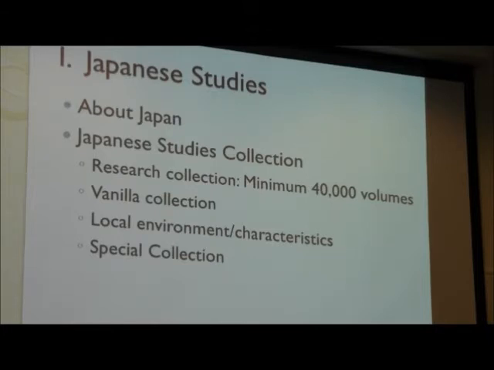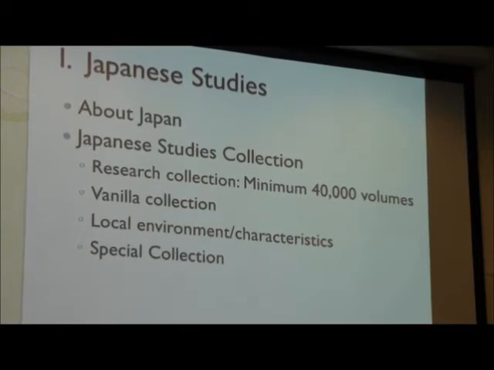Basically, this is about Japan. Some libraries include works from Japan, for example something written by Japanese, when a Japanese librarian asks to purchase those things for other parts of the library. But basically, for Japanese studies, the content is about Japan.